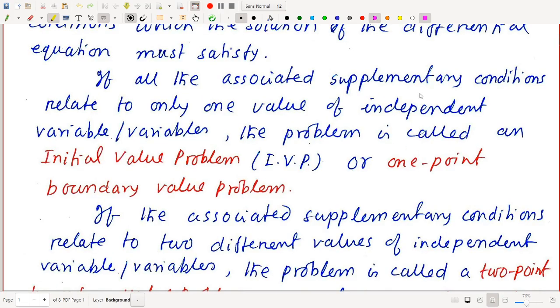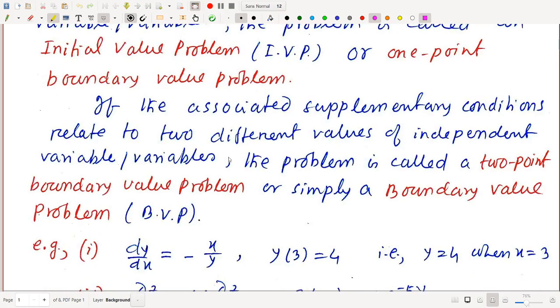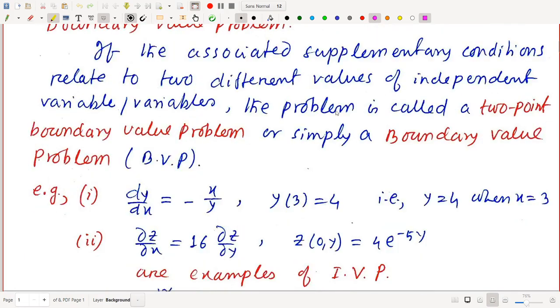The associated supplementary conditions relate to only one value of independent variable or variables, that is at one point. If the associated supplementary conditions relate to two different values of independent variable or variables, that is at 2 points, the problem is called a two-point boundary value problem or simply a boundary value problem, BVP.